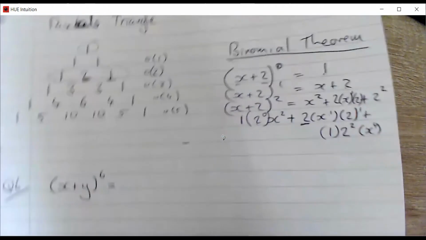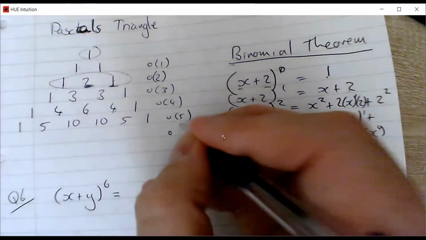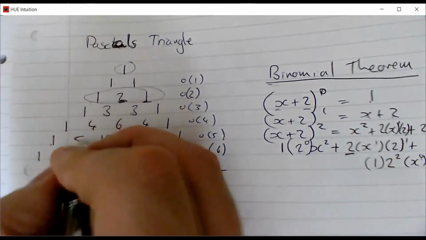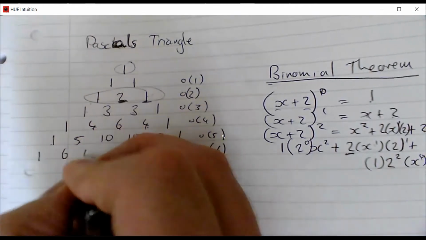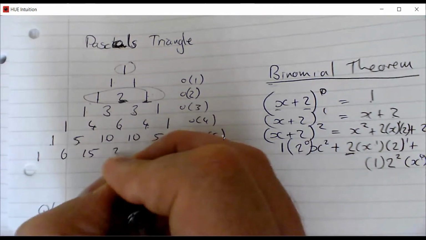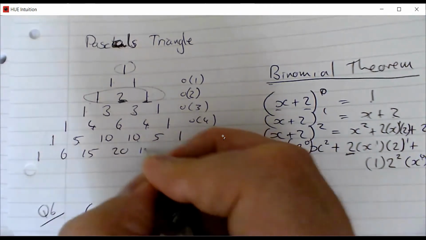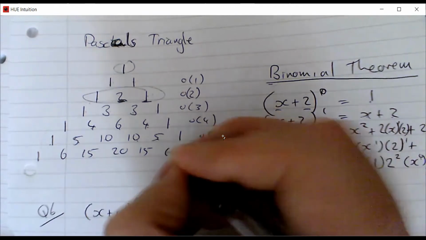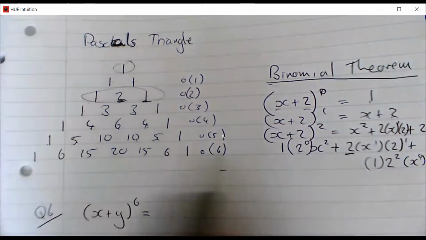So first of all, we need the order 6 coefficients, which are going to be 1, 1 and 5 is 6, 5 and 10 is 15, 10 and 10 is 20, 10 and 5 is 15, 5 and 1 is 6, and then you need a 1.